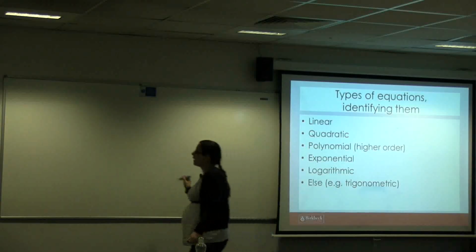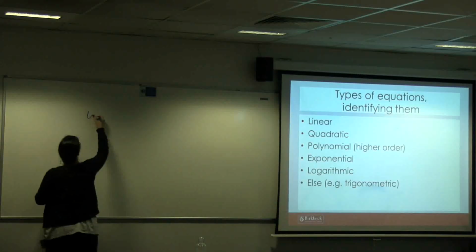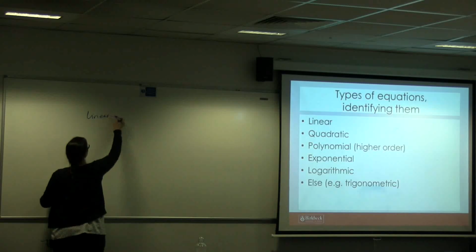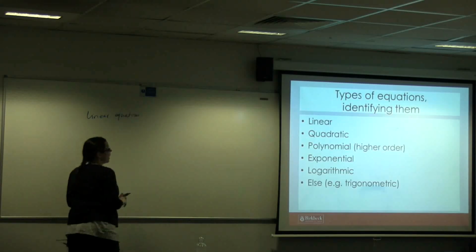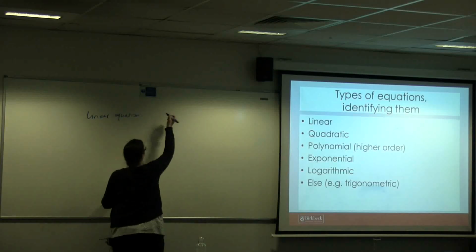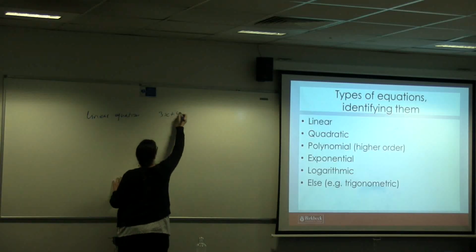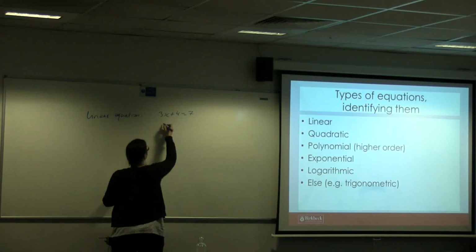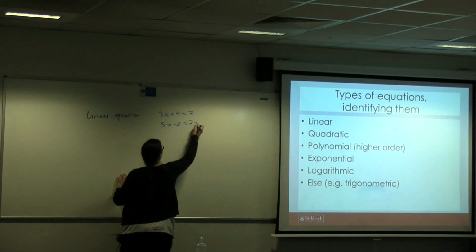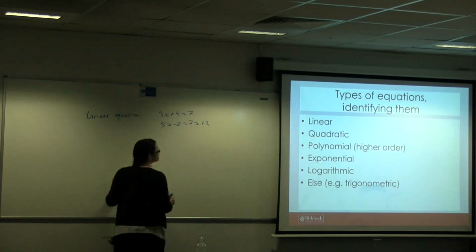So, a linear equation is when you have something like 3x plus 4 equals 7, or 5x minus 2 equals 7x plus 2.